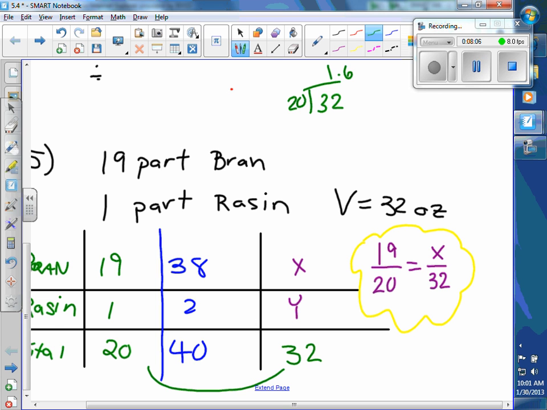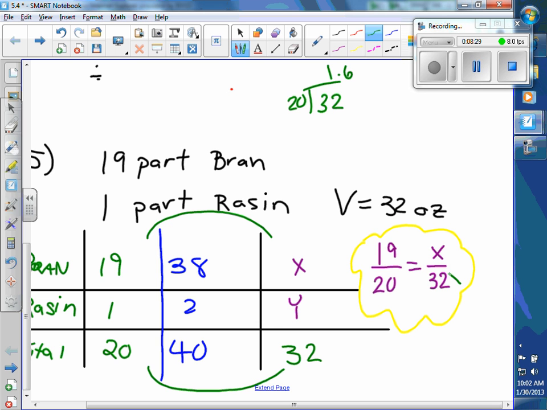Was it repeating by any chance? No. Even. And so he knew for every one of these parts, they were 1.6 of these parts. And so he multiplied the 19 by 1.6. He made it proportional in his head.